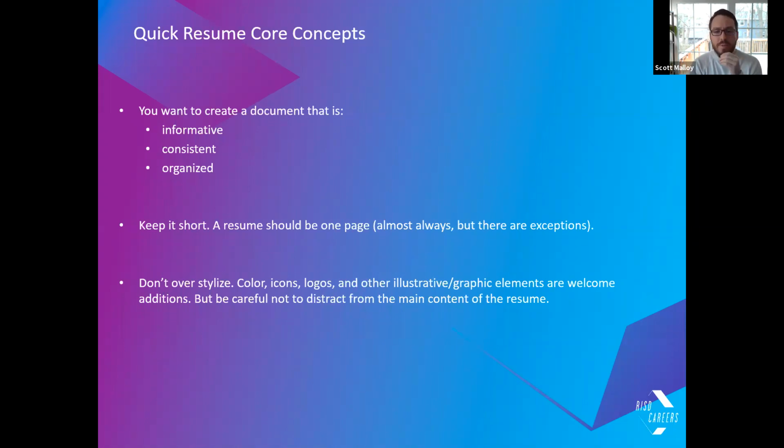In other words, be careful that any stylized element does not distract from the main content of the resume, or from showcasing your skills and experiences. It's okay to use color or logos or small graphic icons here and there, but at the end of the day, your skill sets and experiences are what should shine through on the resume.